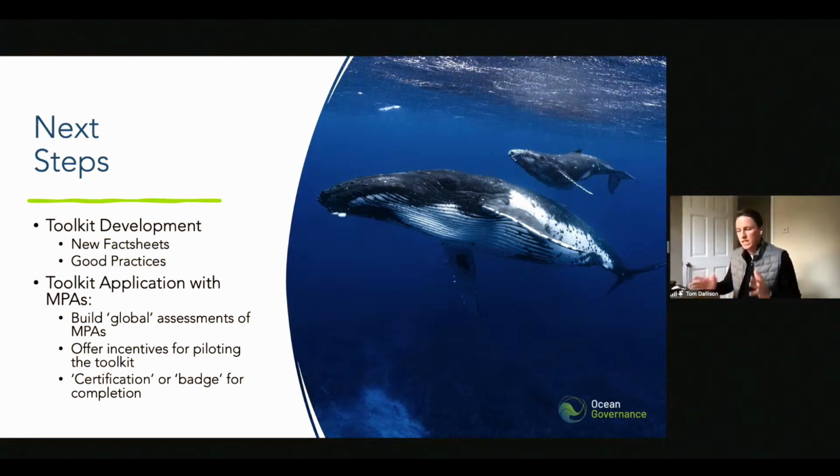One thing we're investigating is a certification or a badge to show other MPA managers, or those that access the MPA, that this MPA has been actively assessed for marine mammals, and considers marine mammals within its design.